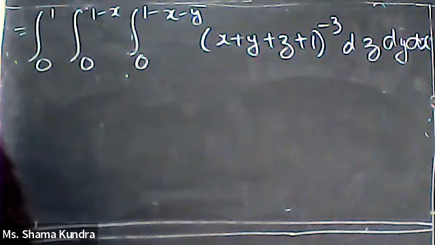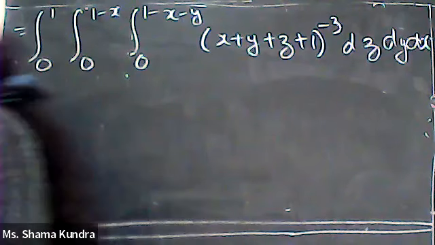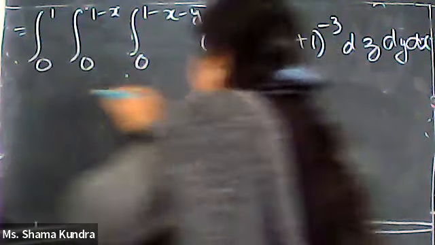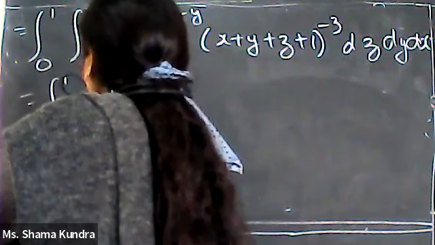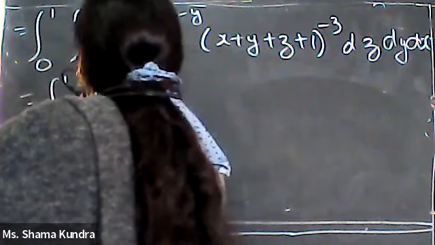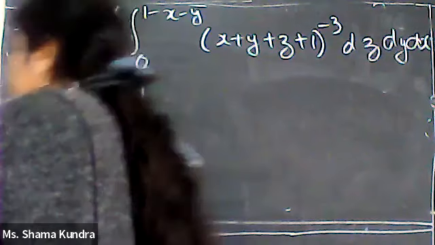Simply, first when you integrate with respect to z, you know the formula: the integral of x raised to power n gives x raised to power n plus 1 upon n plus 1.